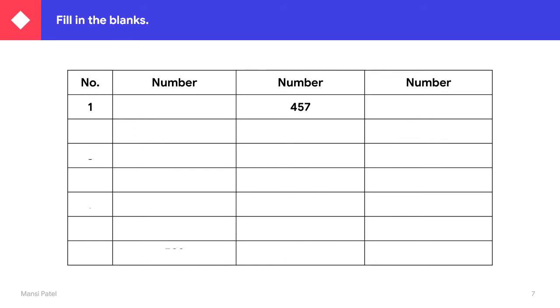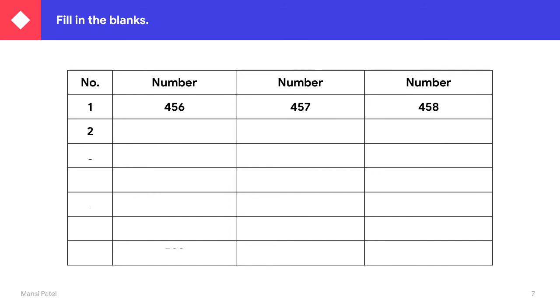So first we will write down the after number. What comes after 457? It is 458. What comes before 457? It is 456. To find the after number, you have to add 1, and to find the before number, you have to subtract 1 from the given number.